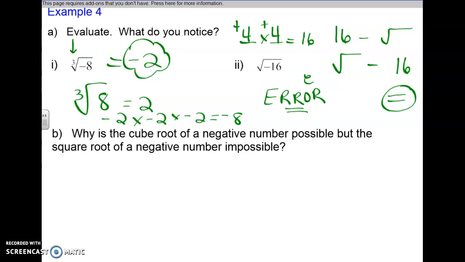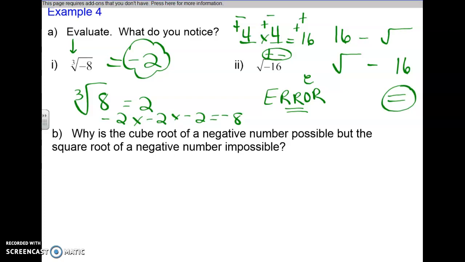Positive multiplied by a positive is positive. A negative multiplied by a negative is positive. So negative 4 could be an answer, but it gives me positive 16. The only way to get a negative 16 underneath that root is if I multiply a positive with a negative. And if they're identical factors, that option is out.